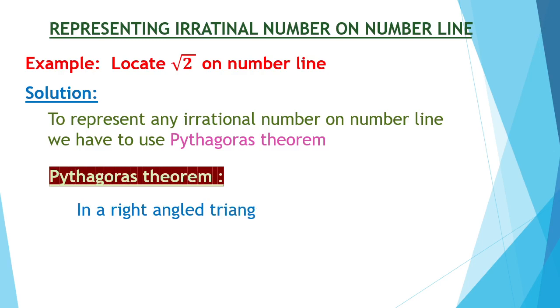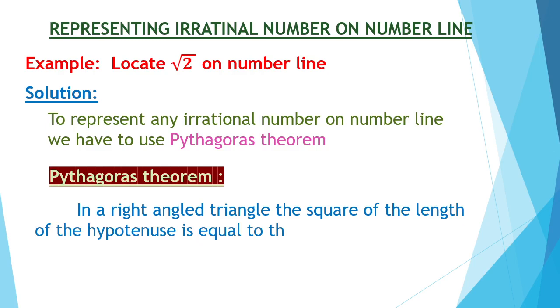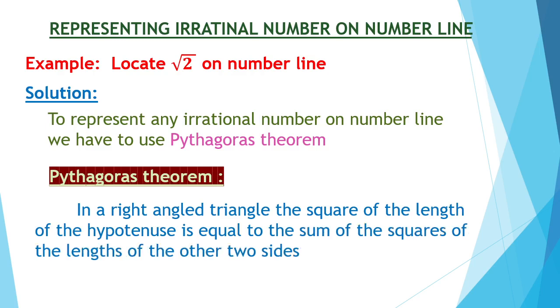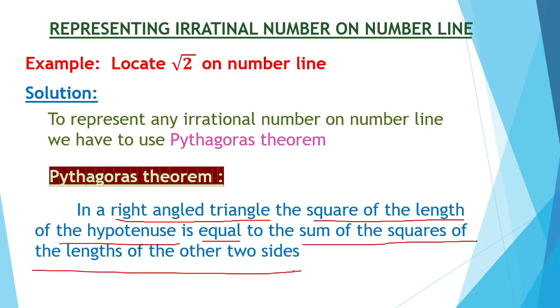In a right angled triangle, the square of the length of the hypotenuse is equal to the sum of the squares of the lengths of the other two sides.